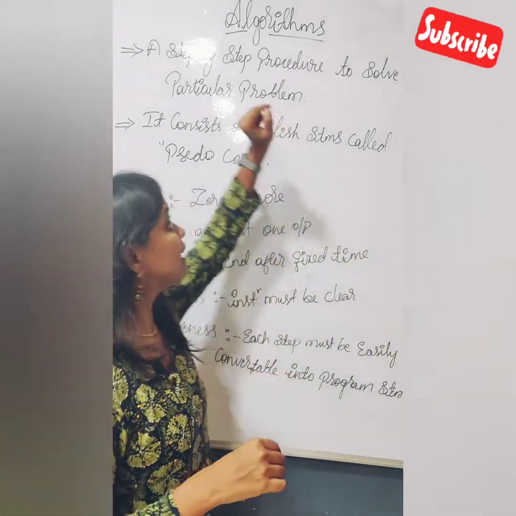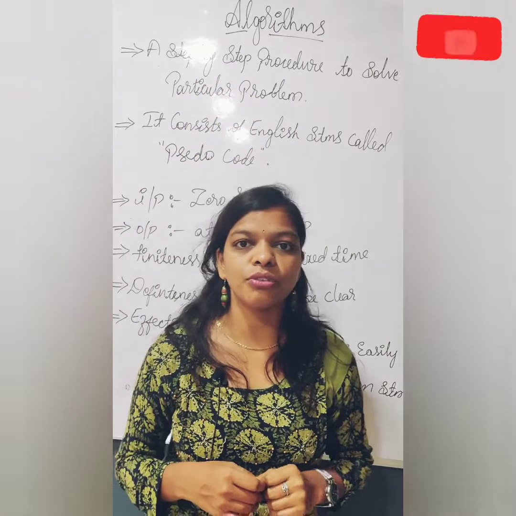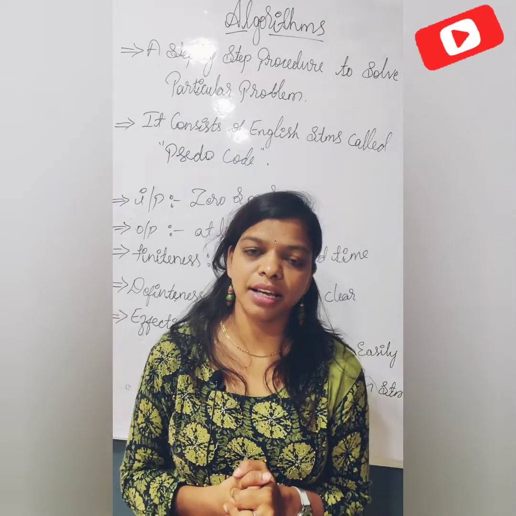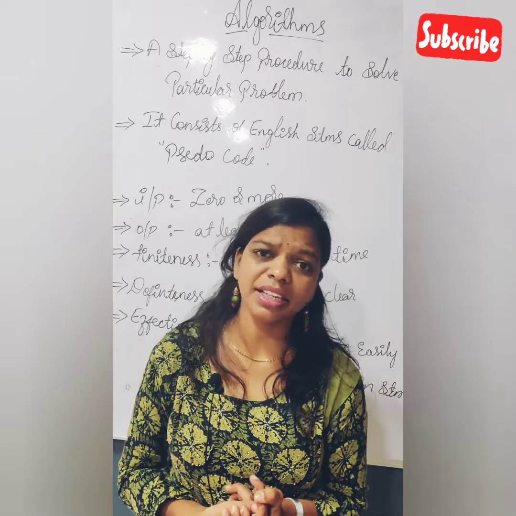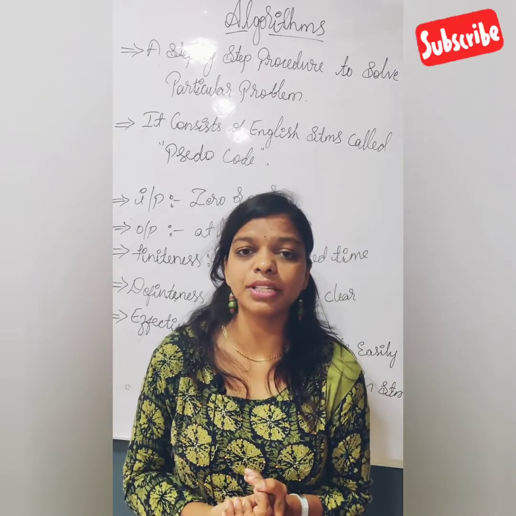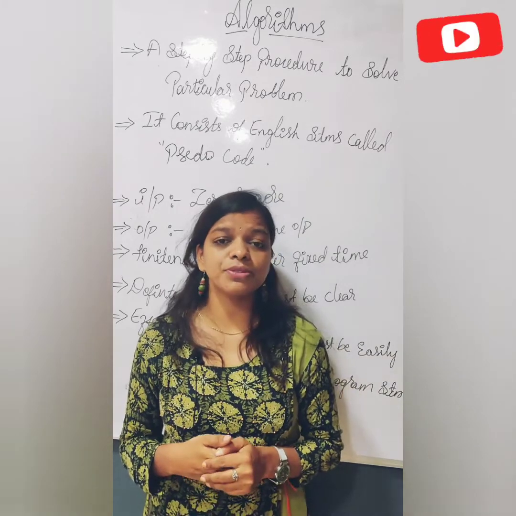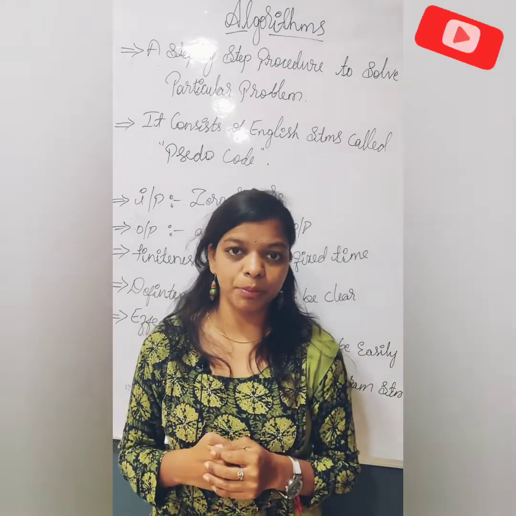An algorithm is a step-by-step procedure to solve a particular problem. That is called an algorithm. In this algorithm, we are going to write the statements in the English language itself. Programs are written with some difficult words, some words will be a bit complicated.